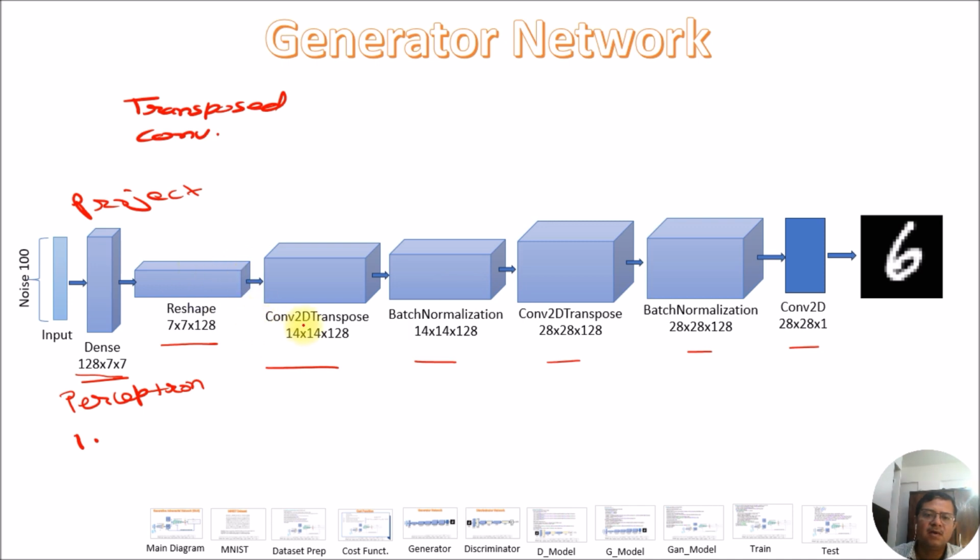So how is the transposed convolution actually working? The transposed convolution actually converts the data from lower dimension to higher dimension. We can say it is like a nearest neighbor interpolation kind of thing. How is it doing this?